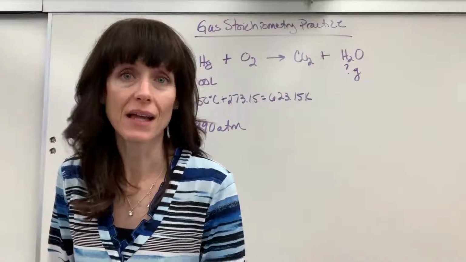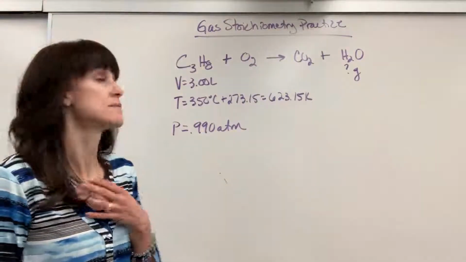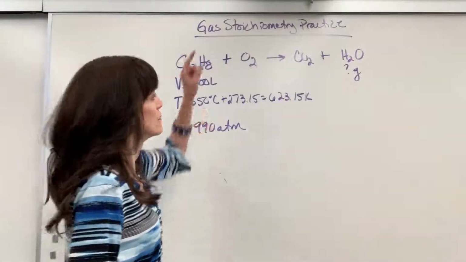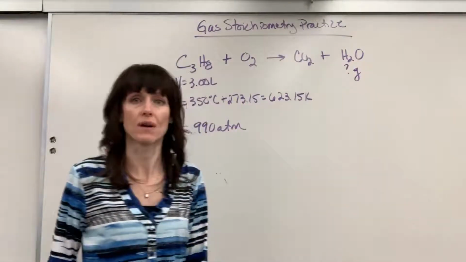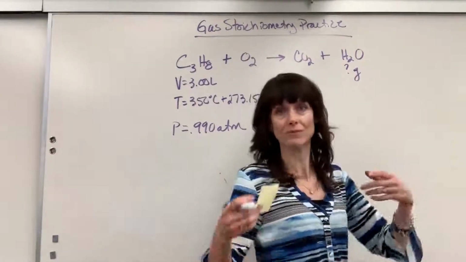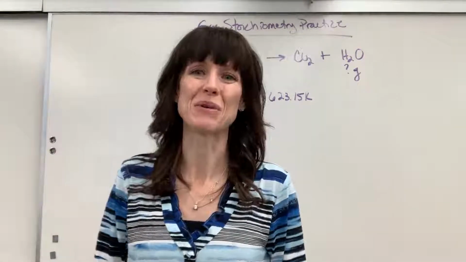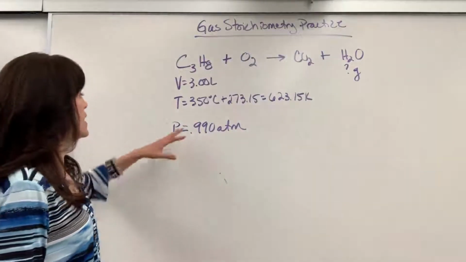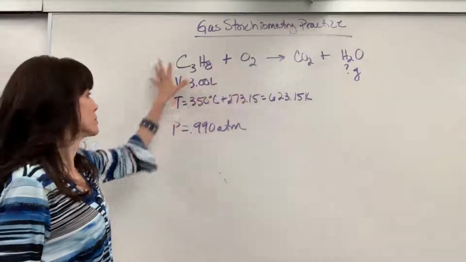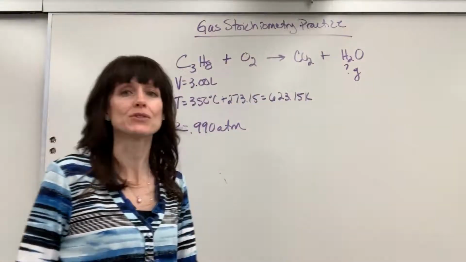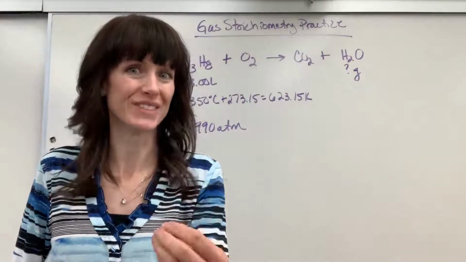Reading that through, the first thing that grabs me is we have all this information about propane, one compound, but they want the answer for a different compound. The only way you can walk from one compound to another is stoichiometry. It's going to be the molar ratio. Second thing that catches my eye, they give me all this pressure, volume, temperature information about propane, but in order to do stoichiometry, we have to have moles.